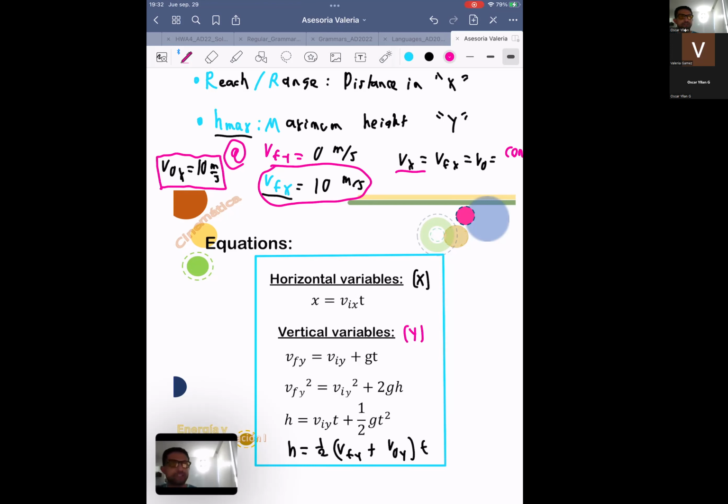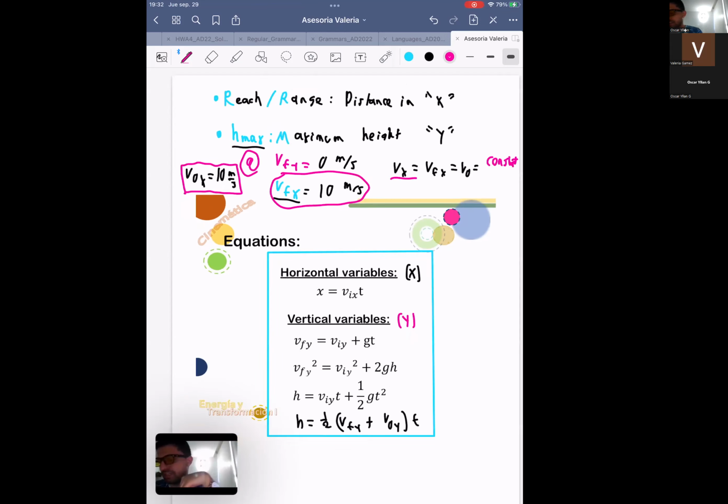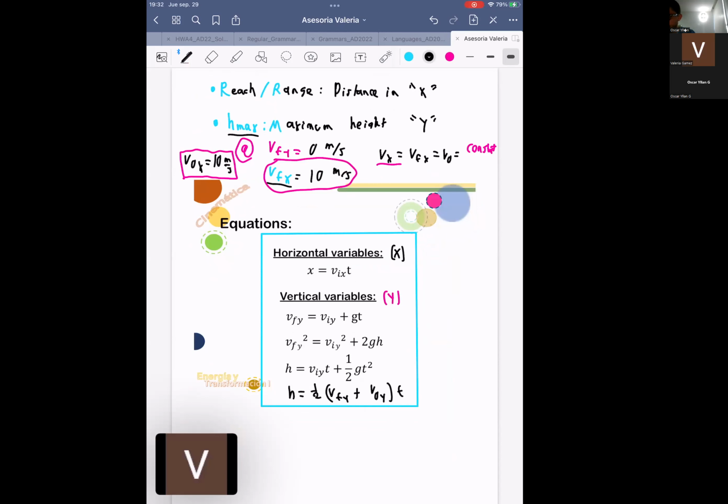That's really important because even in the exam, like later we are going to see, they ask you in one question what's the horizontal velocity at the top of the parabolic movement. They ask that to confuse you, because you say it's 0, but that's for Y. For X, it's always going to be the same value, for example 10.